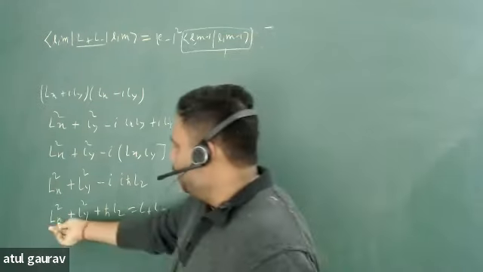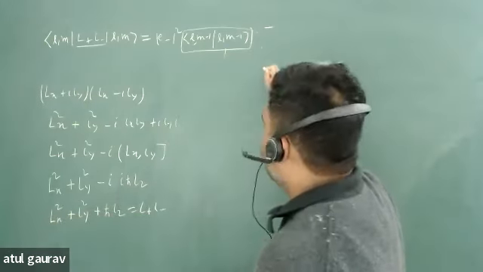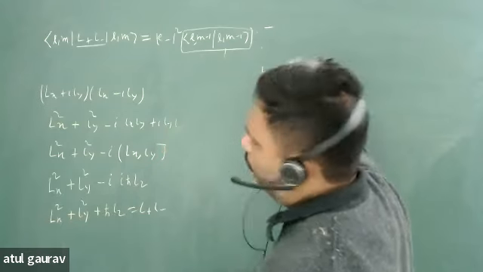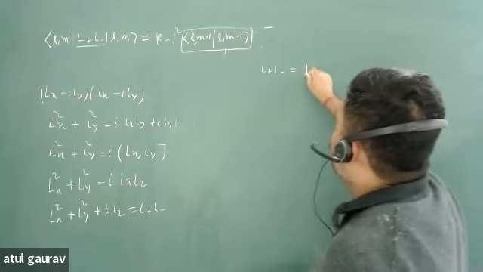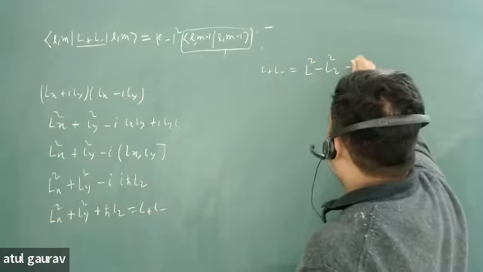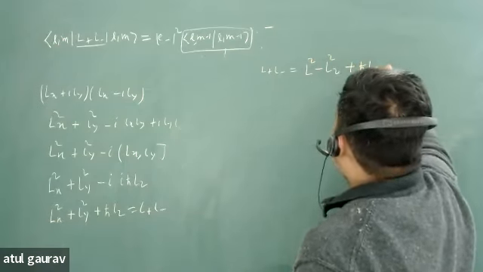So I can write Lx square plus Ly square as, so we have L plus L minus as, you can also remember this, right? So this is your L square minus LZ square plus H cut LZ.